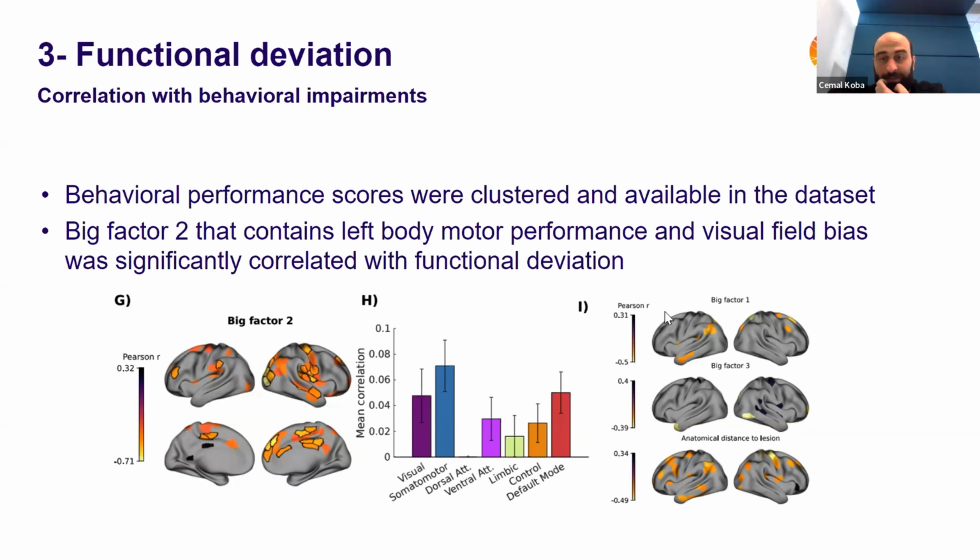We also had some correlation with factor 3 and 1, but they did not survive the statistical correction for multiple comparisons. We also checked the anatomical Euclidean distance to location, lesion, and functional deviation profiles. We again found some correlation, but they didn't survive the multiple comparison correction either.